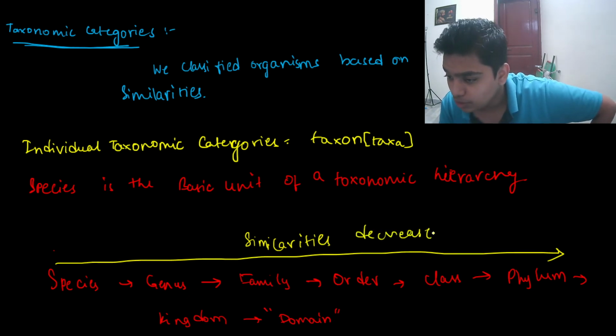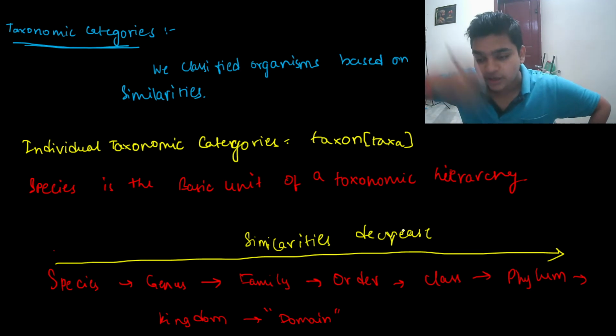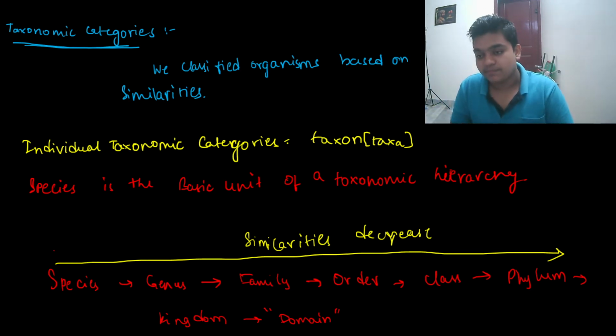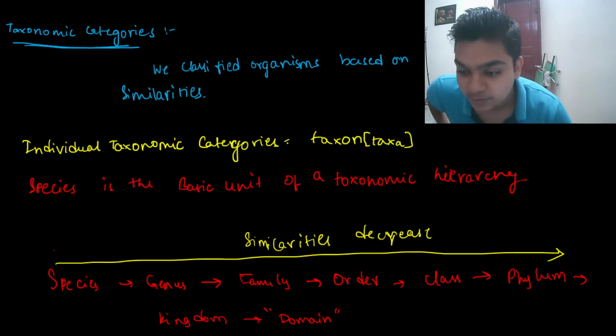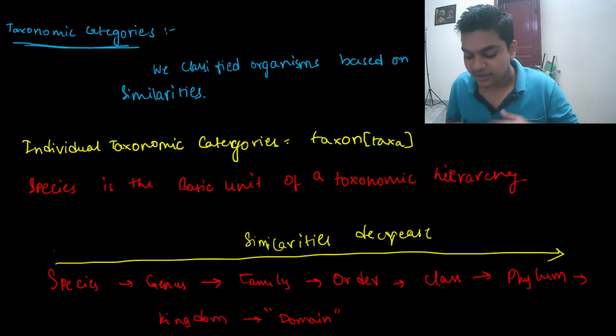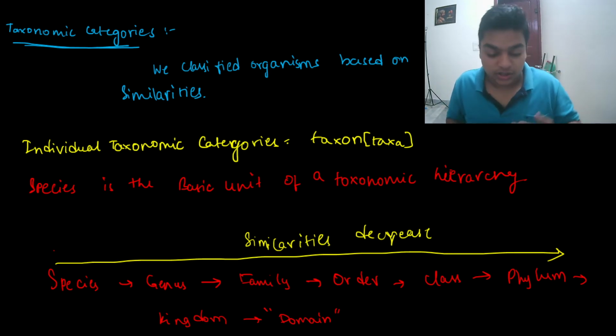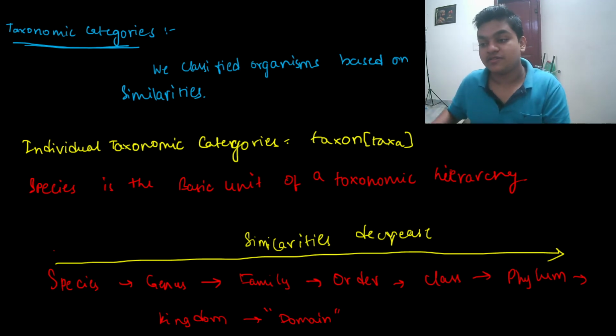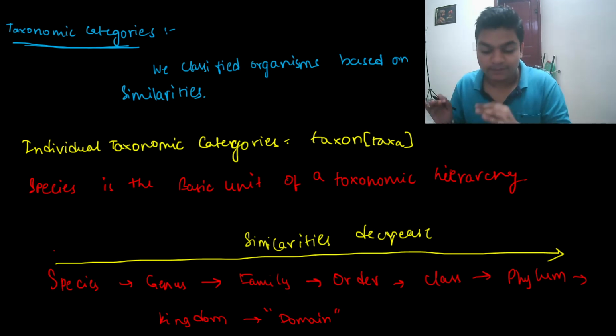While we are moving from top to bottom, from domain to species, similarities increase. It is the reverse. So that is how we have classified organisms into different kingdoms, different phylum.